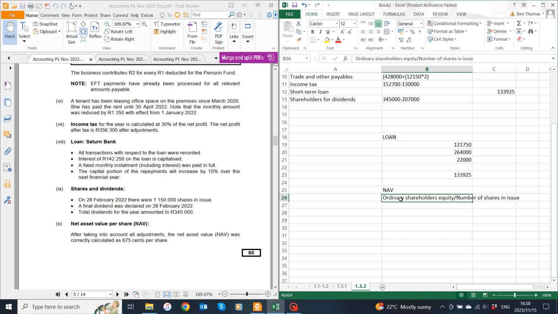And please remember, this formula must be multiplied by 100. That's how we got to 675. And if you have to answer this question in an exam or test, please remember the multiply by 100 because they want the answer in cents. That's why we multiply by 100.